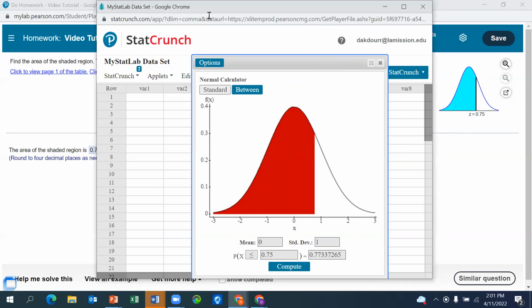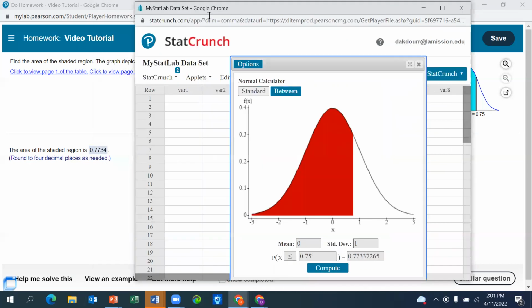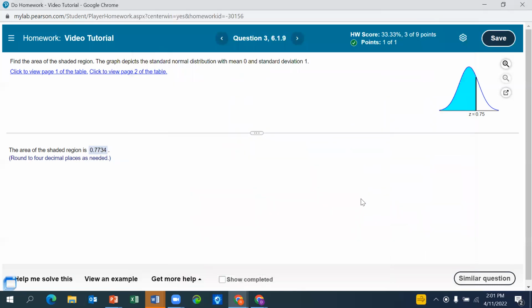But if you round it, it's 0.7734. And that's what we have. You could have done it manually using the table, or you could have done it using Statcrunch. So 0.7734 if you round. Remember, the probability would have to be 4 digits after the decimal point. All right, so this is the way you do this using Statcrunch.